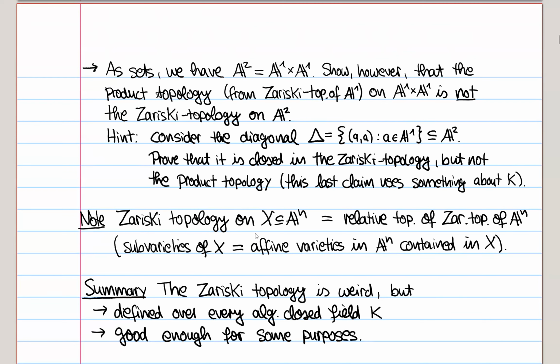This just uses that a closed set of X is a subvariety of X. But we have seen that the subvarieties of X are exactly the affine varieties in the bigger space A^n which happen to be contained in X. And the affine varieties in A^n are the closed sets there. So any closed set here is the intersection of a closed set there with X. This shows you one direction, and then you can also check the other direction.